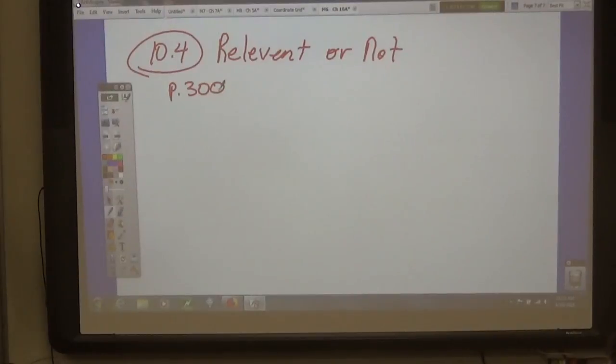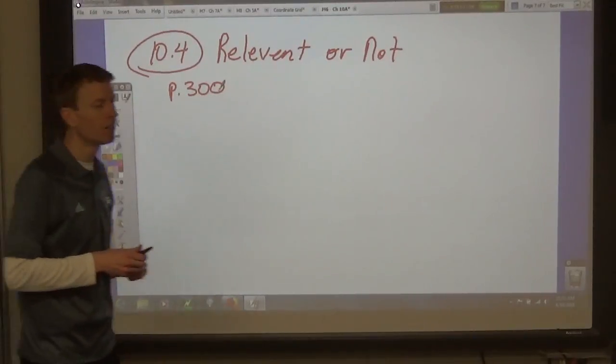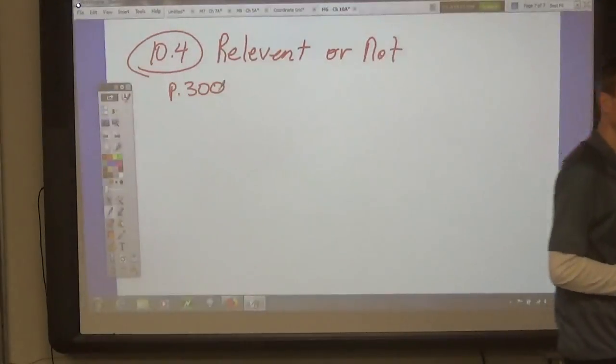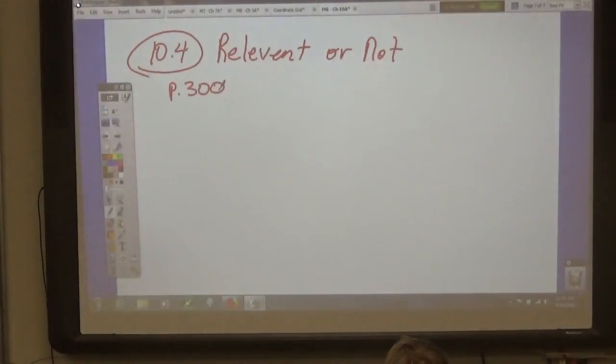Matt, read the problem. If sea level represents 0 meters, the M stands for meters, the elevation of Amsterdam is negative 5.5 meters.